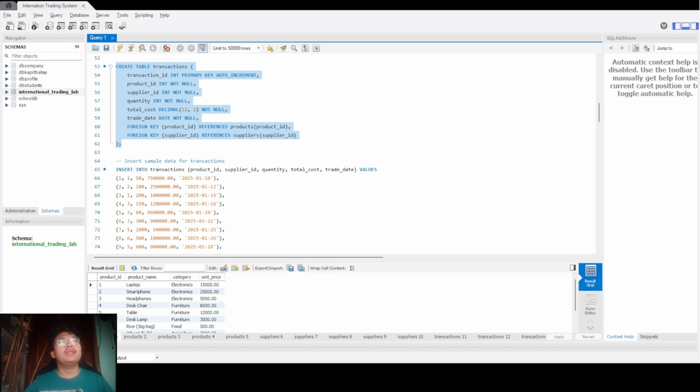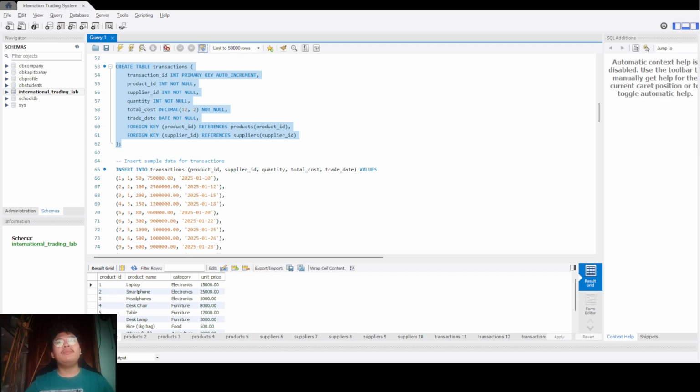The second one is the product ID, the ID of the product being traded. The third one is the supplier ID, the ID of the supplier involved. The fourth one is the quantity, how many units were bought or sold. Then the total cost is the price of the transaction. Then the trade date is the date when the transaction happened.